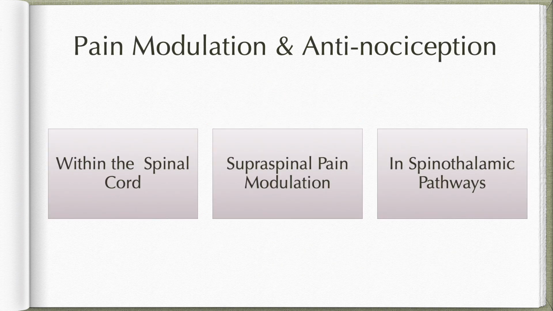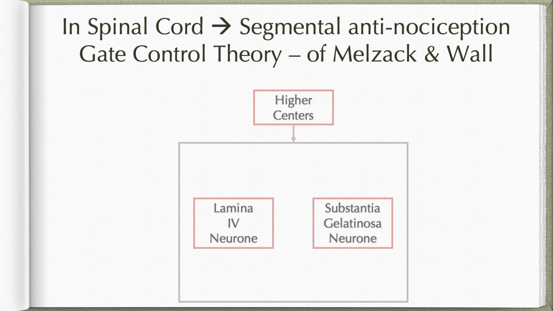Now, pain modulation can occur within the spinal cord, or through the supraspinal pain modulation pathways, or in the transmission through the spinothalamic pathways. In spinal cord, the segmental antinociception, which we learned with the earlier slide, is explained by gate control theory, which was first proposed by Melzack and Wall. The C fibers which carry the pain sensation stimulate the neurons in lamina 4.